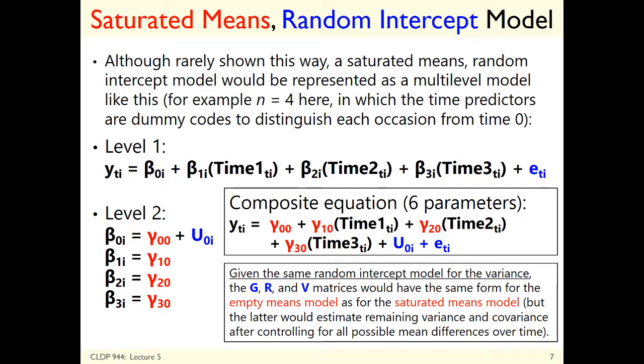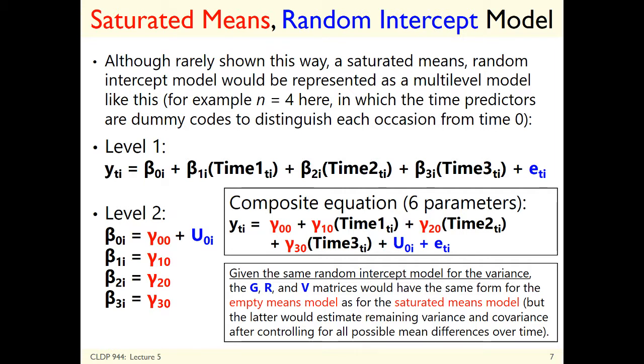So that's gamma U0, which would be my expected mean at time 4. It has a random intercept deviation off of it, so each person gets their own predicted mean at time 4. And then the rest of these, there are 4 betas total, beta 0, beta 1, beta 2, beta 3.